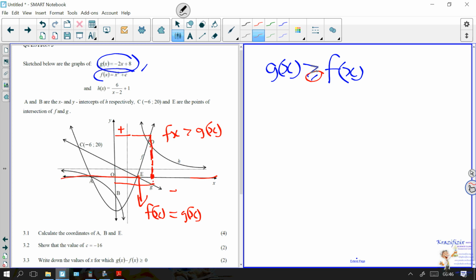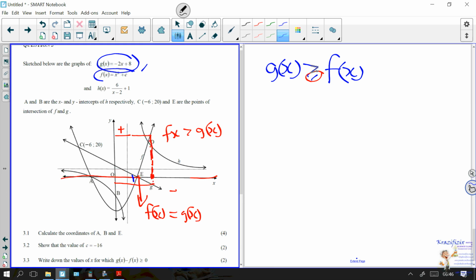Let's pick a value from here. Let me use a blue one now. If I pick any value beyond that line, what do you notice? My g of x now is positive and my f of x is negative, which means at a point before E on the left side, my g of x is greater than my f of x, which is what I want.